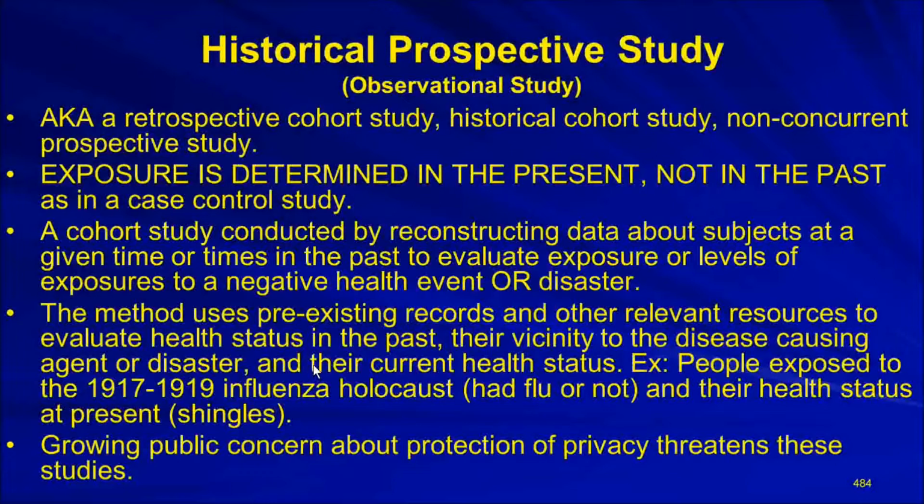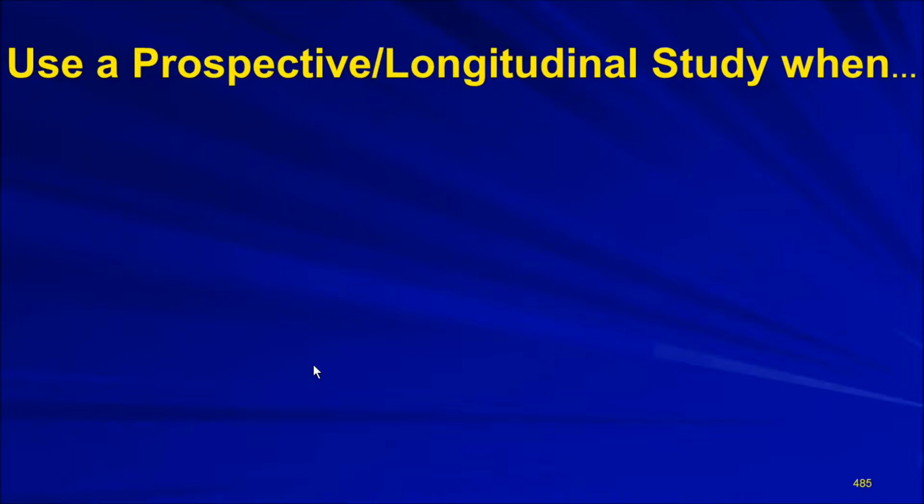And now I'd like to talk about the Cadillac, or the gold standard of all observational studies, which is a prospective longitudinal study. And you can use a prospective longitudinal study if you meet the following specifications.